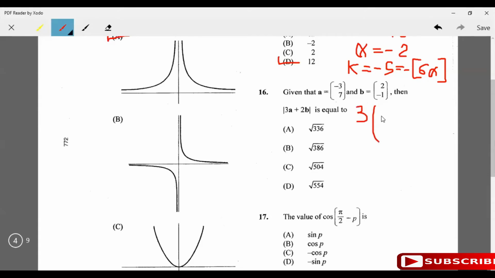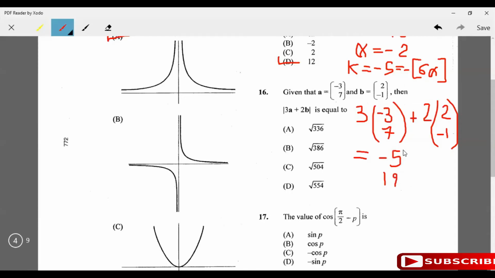That is 3 times vector A, which is minus 3, 7, plus 2 times vector B, which is 2, minus 1. So 3 times minus 3 plus 2 times 2 is negative 9 plus 4, that's negative 5. And then 3 times 7 is 21, plus negative 2, that's 19.